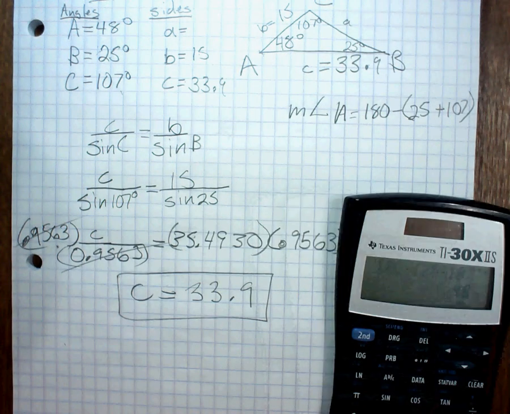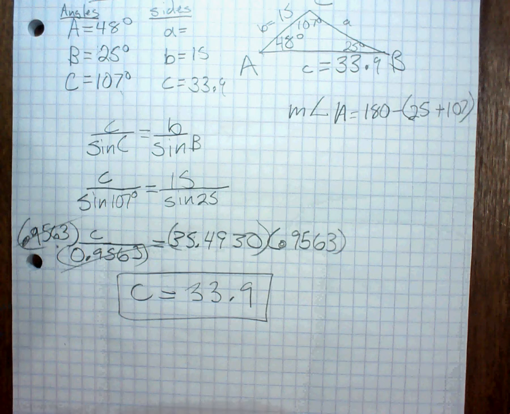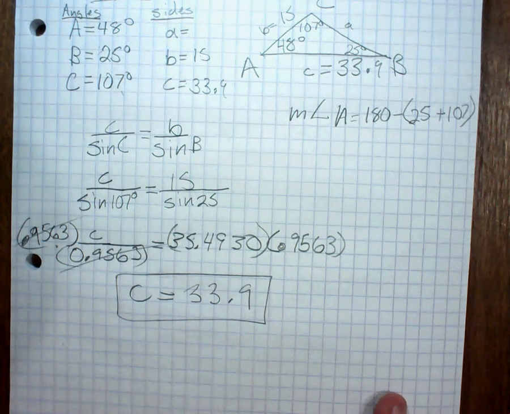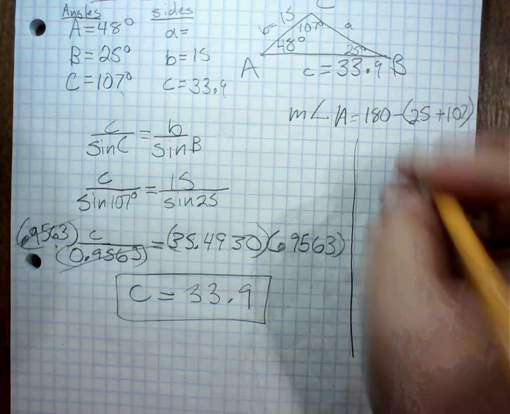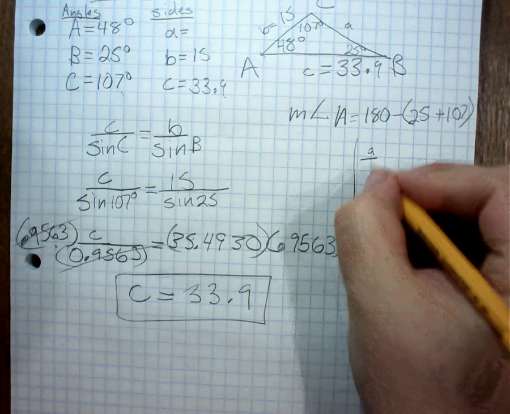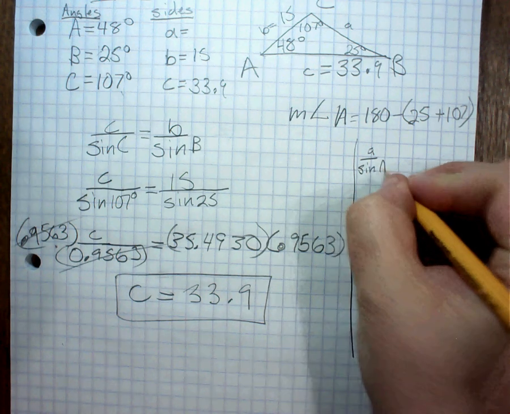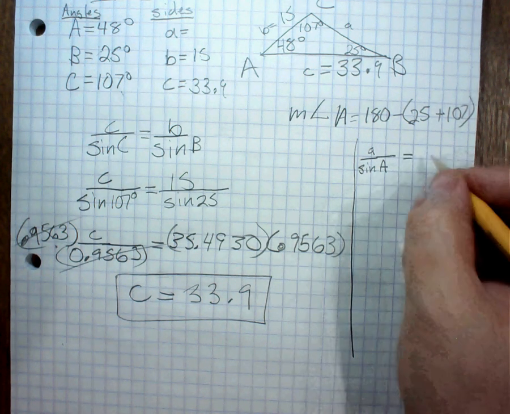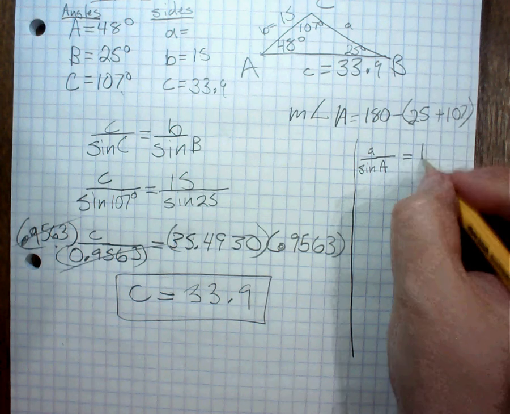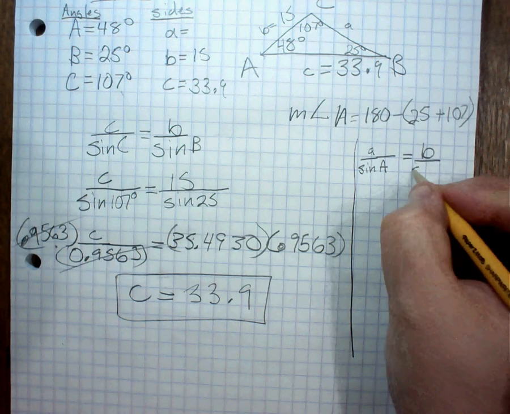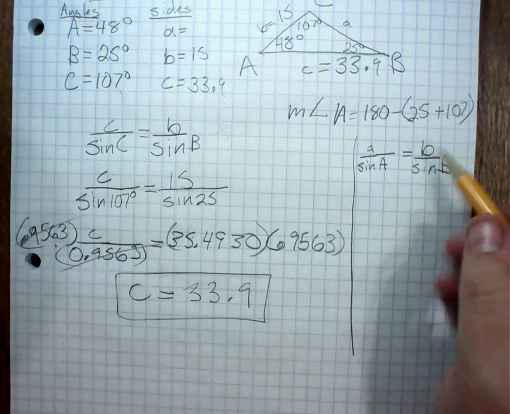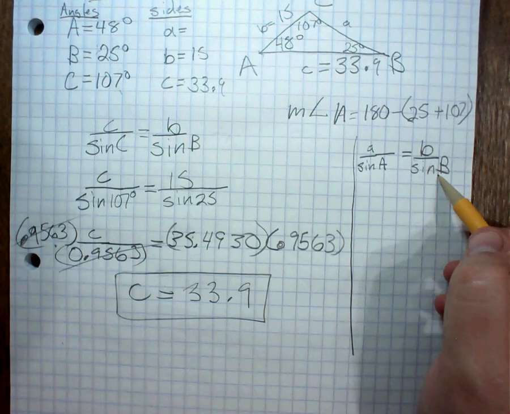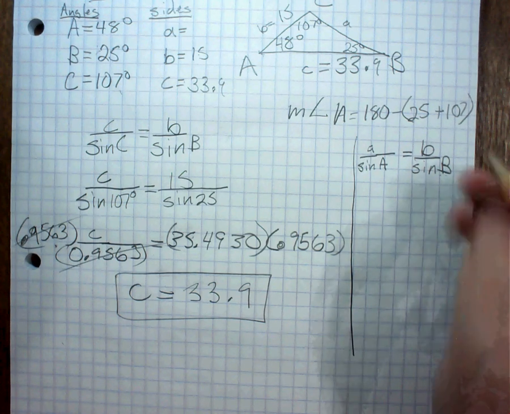And now to solve for a, what do I do? Well, I don't know if I'll have room over here. I kind of got crazy with my handwriting, but I know that lowercase a over sine of capital A is going to equal lowercase b over sine of capital B. Now, if you wanted to say lowercase c over sine of capital C, that would work too.